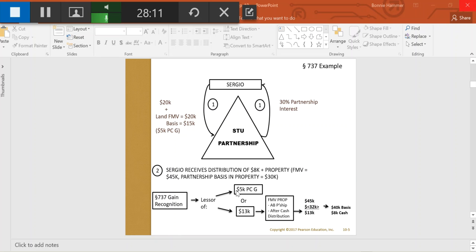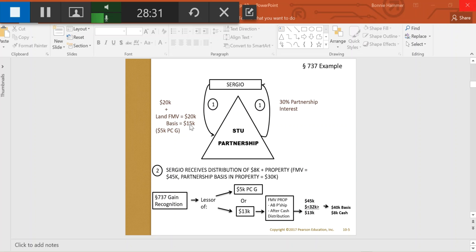That will actually go on his return. And the character of the gain, and character means is it going to be ordinary gain or capital gain, follows the character of the PC gain property. So in this case, he contributed land, which was a capital asset to him.